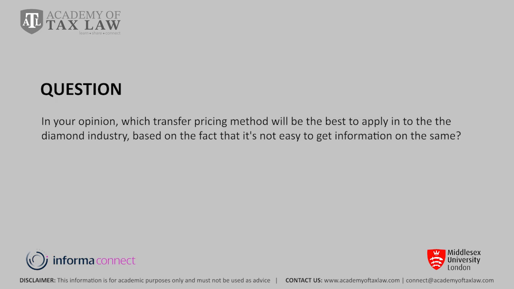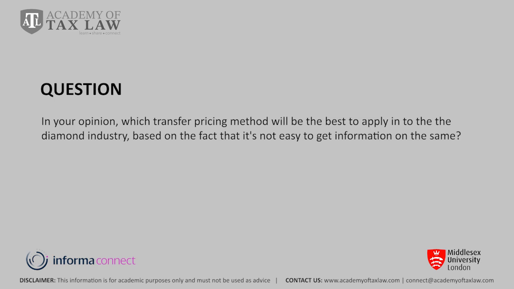Next is the profit split method, or PSM. It might be a better fit in situations involving vertically integrated operations. So many diamond companies are involved in the entire value chain from mining to retail. PSM is particularly effective in such cases because it allows profits to be allocated based on each entity's contribution to the value creation.